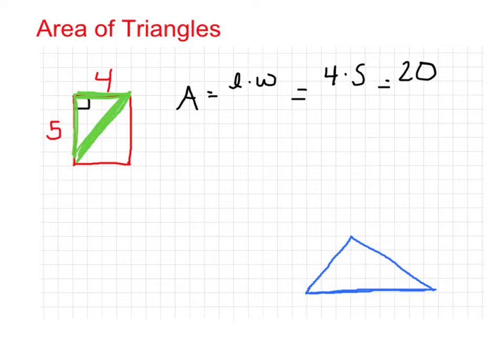Well, what's the area? Isn't it half the area of the total rectangle? So therefore, if I knew what the length times the width is, I would have to divide by 2. So I would get an area of 10 units squared.